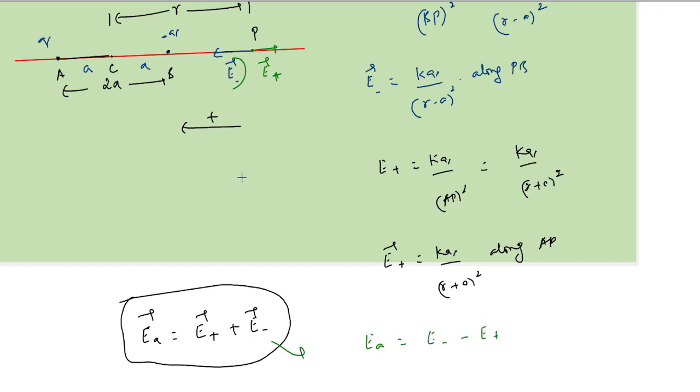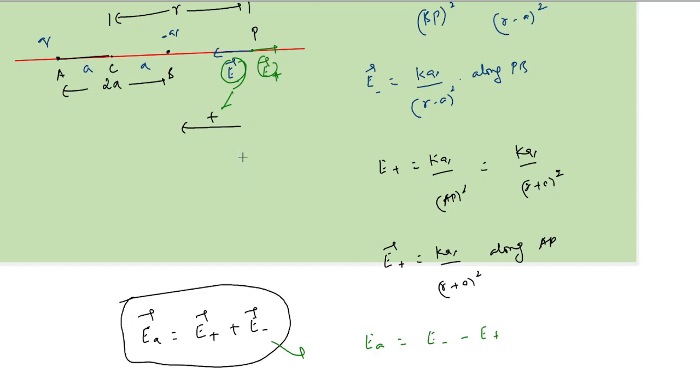Understand this? If I'm taking this as plus direction, you can take this also as plus direction, doesn't make a difference. I'm just taking this as plus direction. Now look at this. E minus is along our direction and then E plus is opposite to what we've taken. This is what we get.